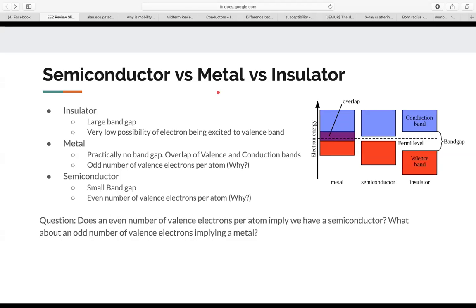Another question: how many electrons can you fit in a valence shell, assuming it's not the first shell? Yeah, it's 8. It's actually 8 for all elements. But as you can see, 8 is an even number, while all these metals have an odd number of valence electrons.